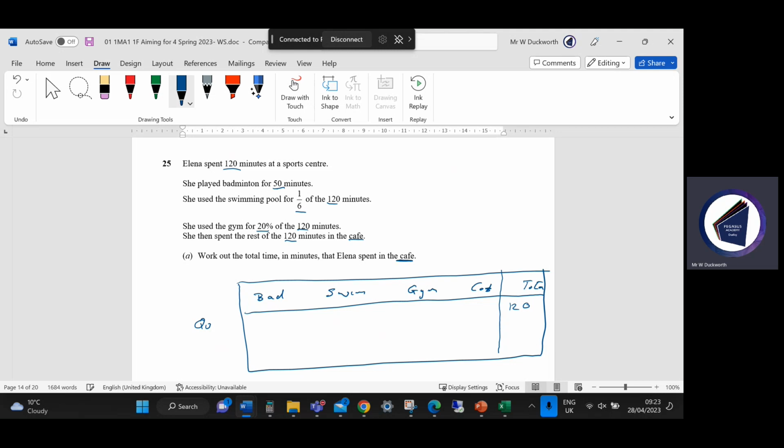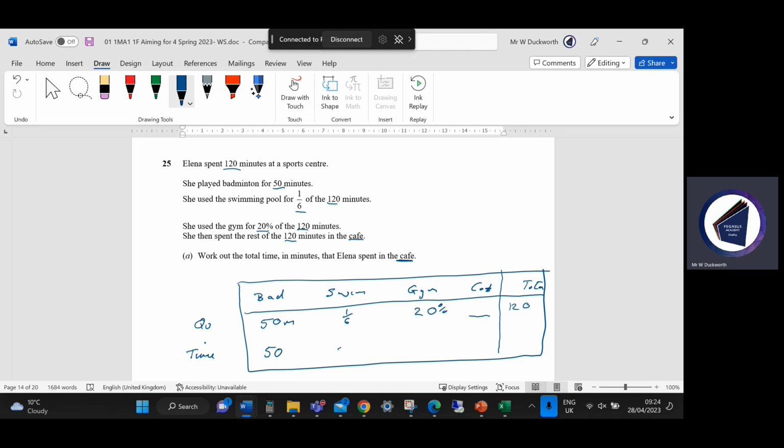We know that she spent 50 minutes playing badminton. She spent 1/6 of the time swimming. And she used 20% of the time in the gym. And the rest of the time she spent in the cafe. Right, so the actual times then. So 50 minutes, 1/6 of 120 is the same as 120 divided by 6.